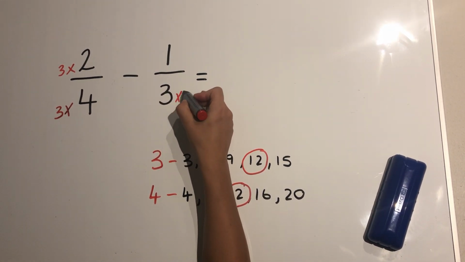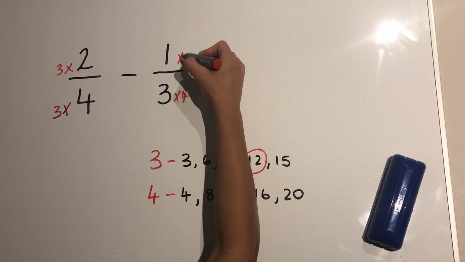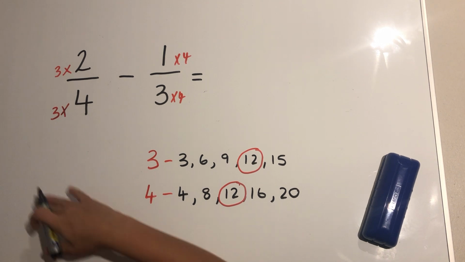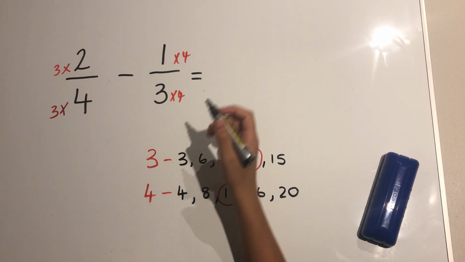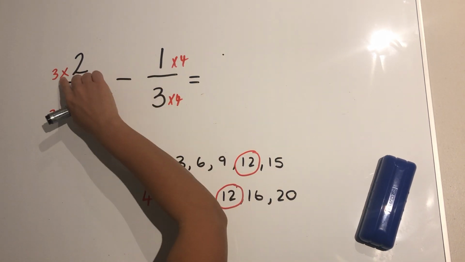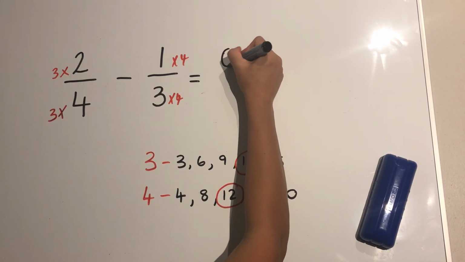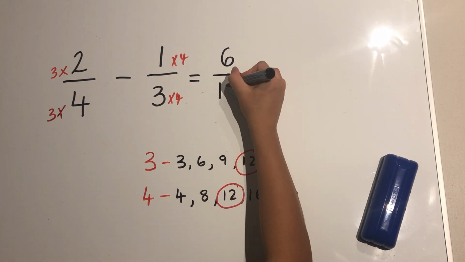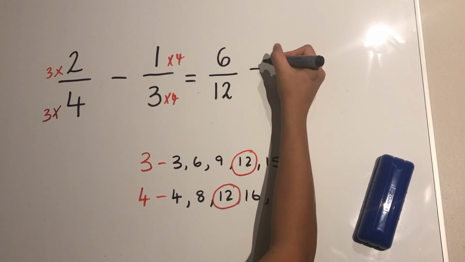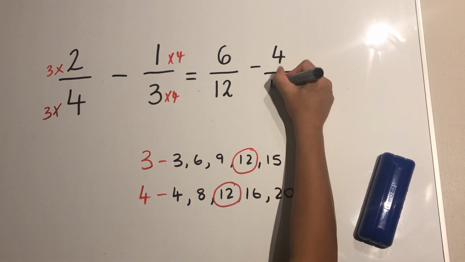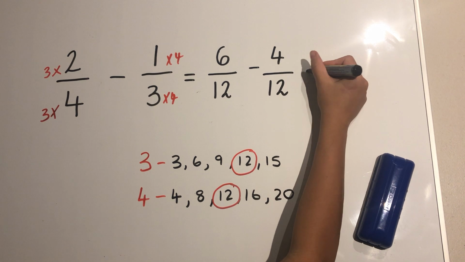We multiply it 4 times, and we do exactly the same to our numerator as well. Now we're going to write out our new fractions. So 2 multiplied by 3 is 6 over our new denominator of 12. Subtract 1 multiplied by 4 is 4 over our new denominator of 12.